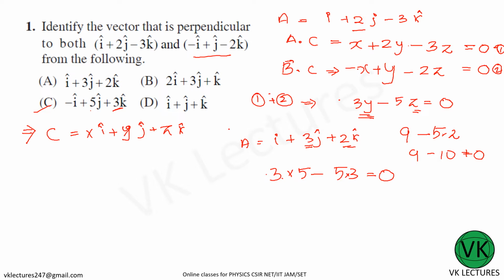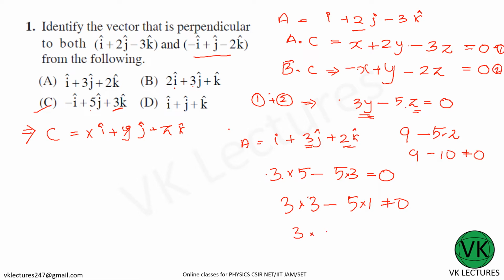And you can also check here 2 times, here you have 3y minus 5z. Here 3y, y is 3, right? So 3 times y is 3 into 3 minus 5 into 1, which is not equal to 0.